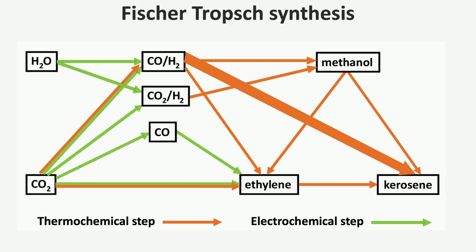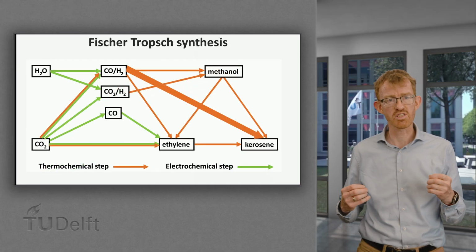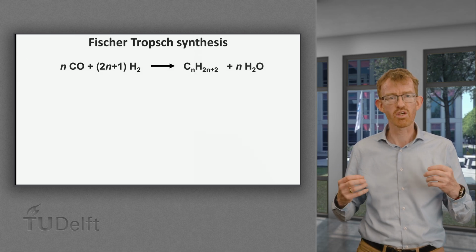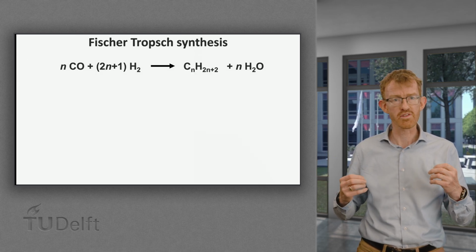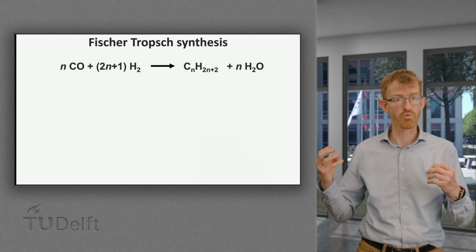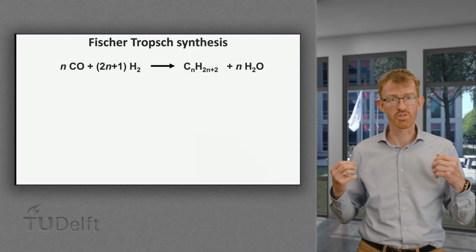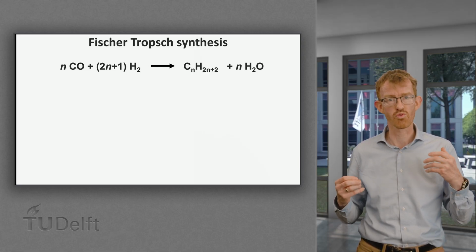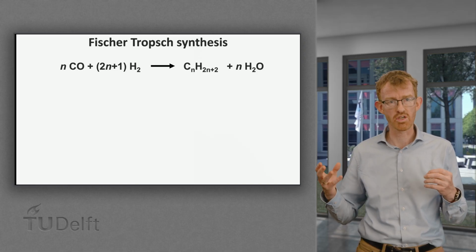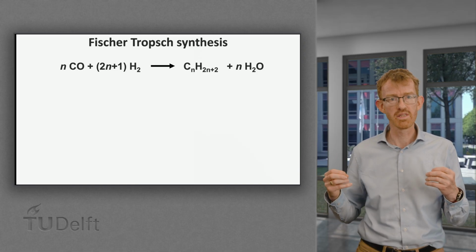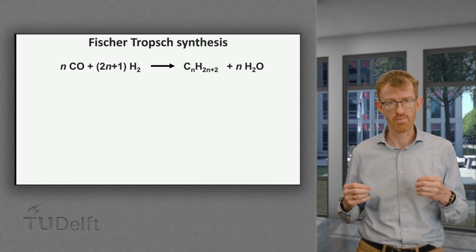Once you have syngas, you can make longer hydrocarbons from it, for example jet fuel, also called kerosene. This is done via the Fischer-Tropsch synthesis. Here you see the equation for this reaction, invented about a century ago, not surprisingly by two researchers named Fischer and Tropsch. For this reaction, you need roughly twice as much hydrogen as CO, especially when the symbol n is high, meaning large molecules.